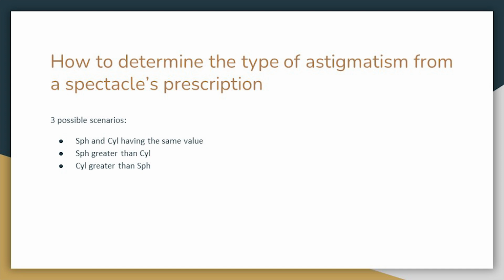When we look at a spectacles prescription, there could be 3 possible options: sphere and cylinder having the same value, the sphere greater than the cylinder, or the cylinder greater than the sphere. Let us look at each of these 3 possible combinations in detail.